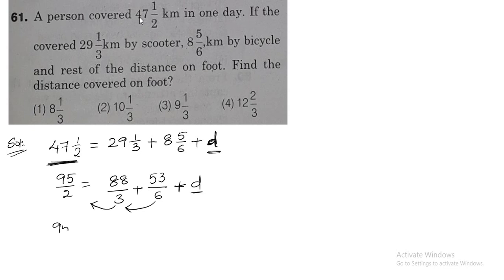Then I can write it as 95 by 2. Whenever you do transpositions, the signs will change. Since we have plus here, it becomes minus 88 divided by 3 minus 53 divided by 6.